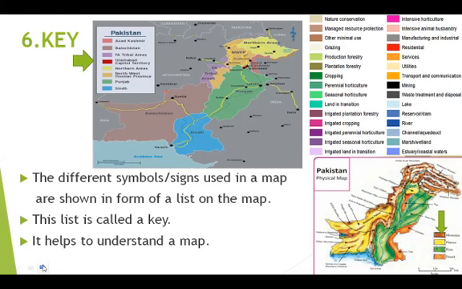If any person wants to know about any particular area or administrative division of Pakistan, he can easily take help from these colorful images. And the list of these colorful images is called a key.